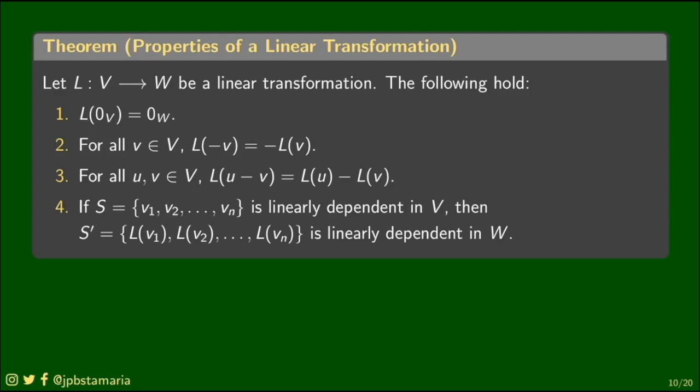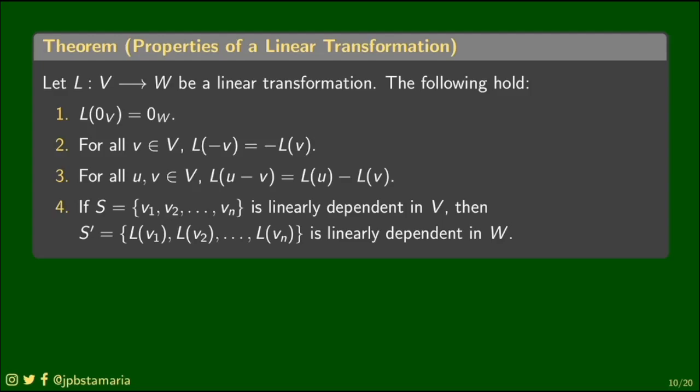Number one, it preserves zeros. The image of the zero in V must always equal the zero in W. So 0 must go to 0 under a linear transformation. Number 2, for any vector V in the domain, the image of its negative is equal to the negative of the image of V. Number 3, L goes through subtractions as well.